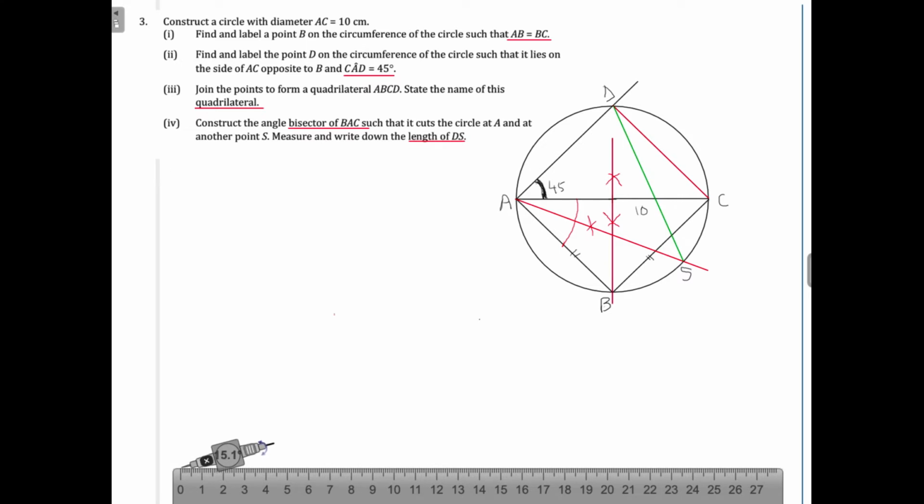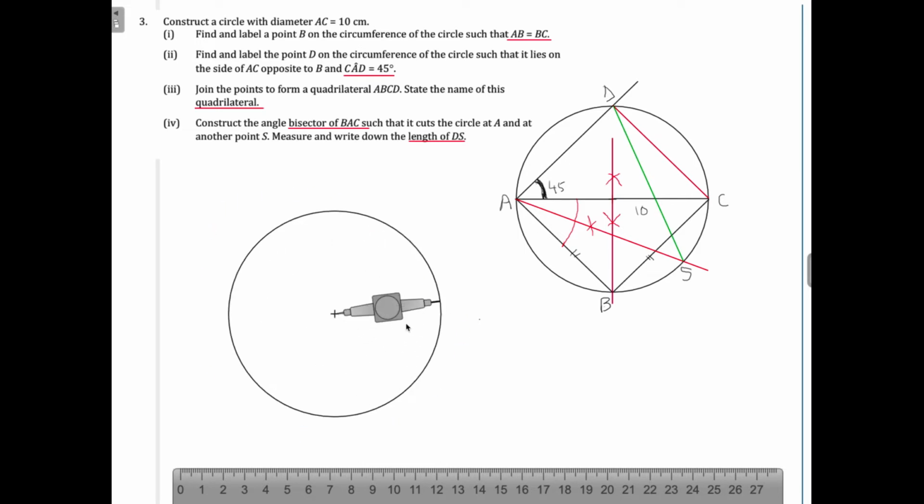Have a distance of 5 cm. And bring it over and draw a circle of 5 cm, which gives us a diameter of 10 cm.